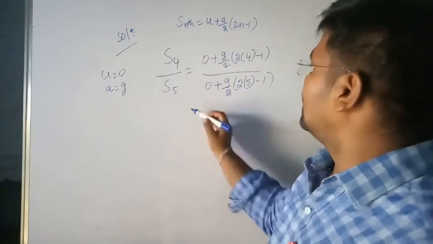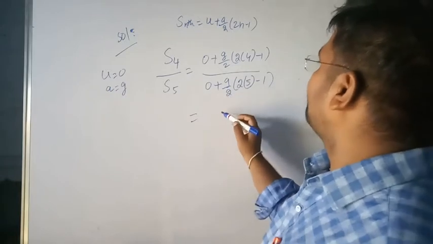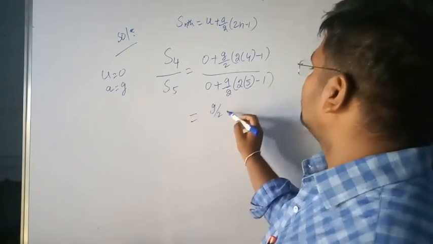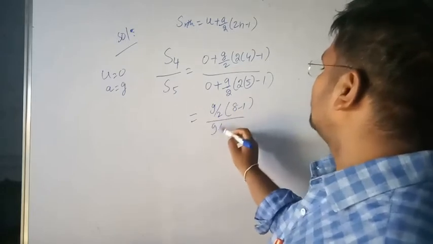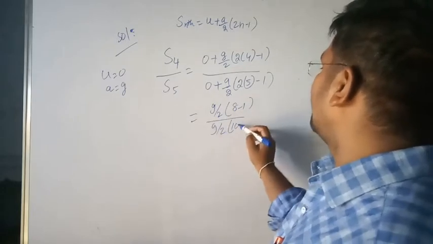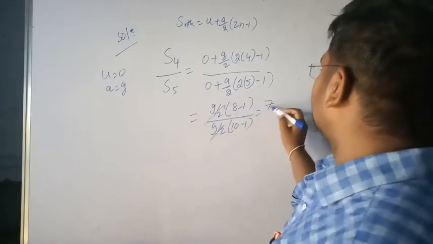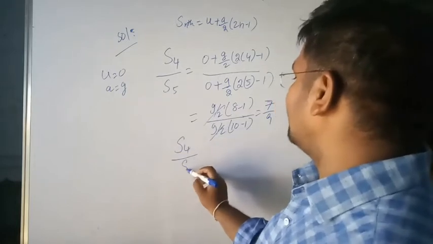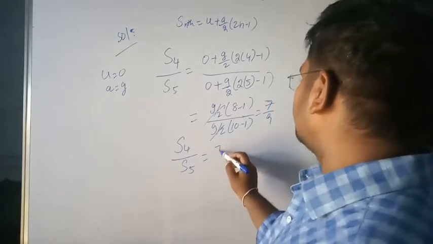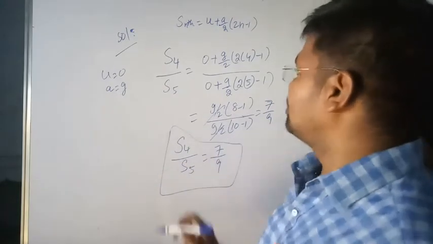Which is equal to g by 2 into 8 minus 1, over g by 2 into 10 minus 1. G by 2 gets cancelled, so 7 by 9. S4 divided by S5 is equal to 7 divided by 9.